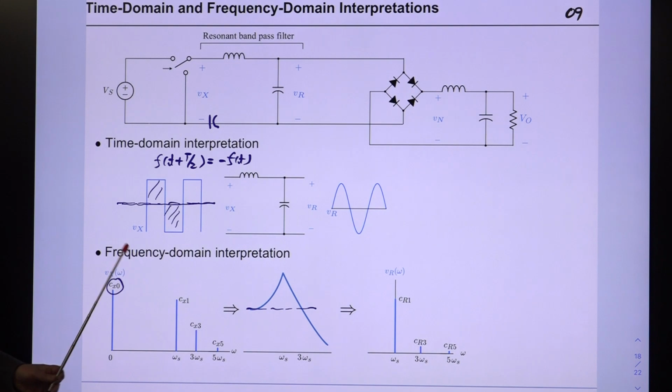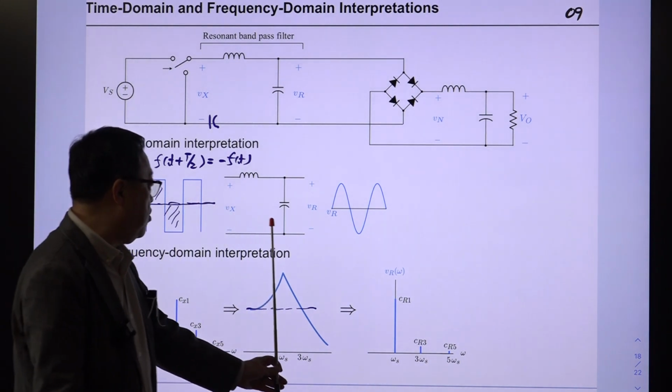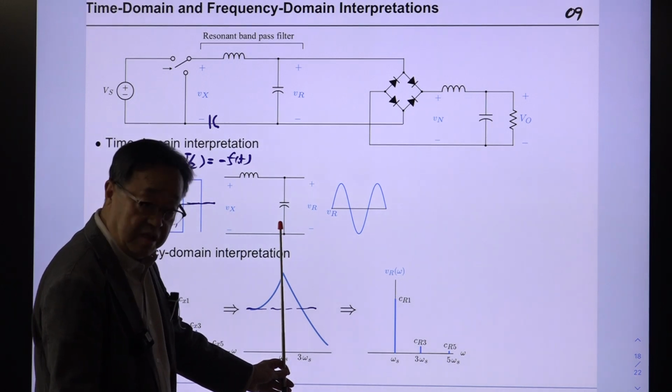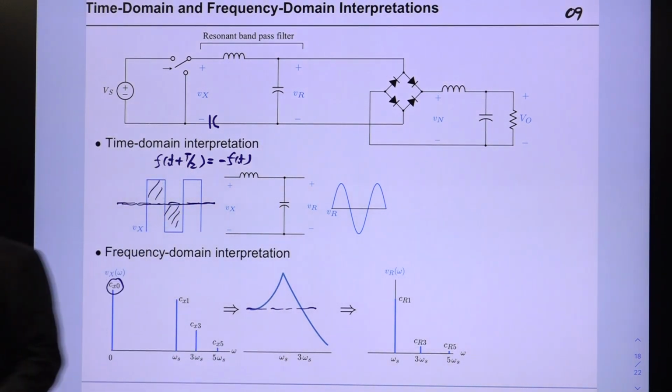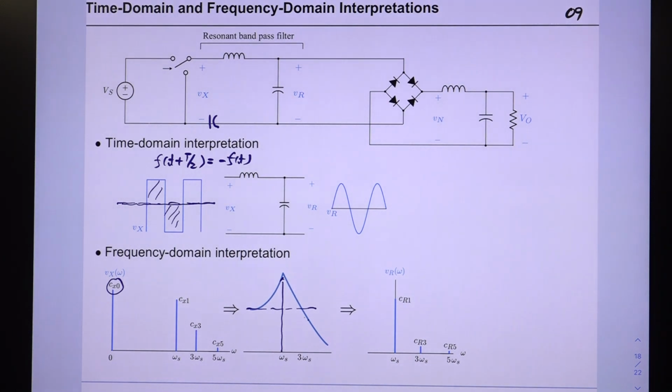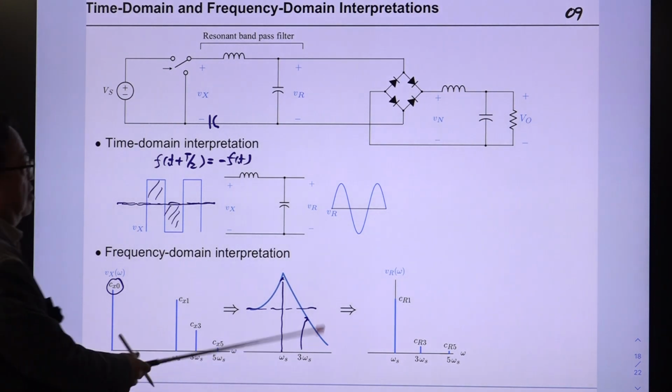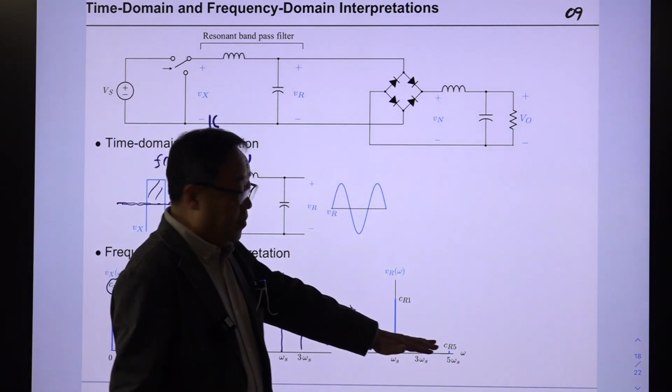If you place the switching frequency of your converter at the resonant frequency of this filter, then only the fundamental component will be magnified, and the other harmonics will be reduced a lot. This is the output spectrum, and I intended this one to be very small.